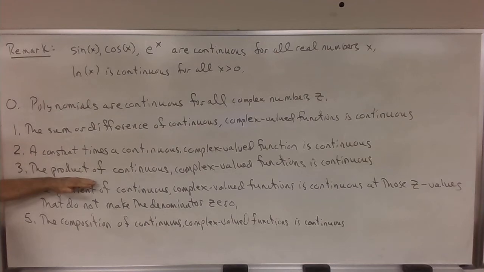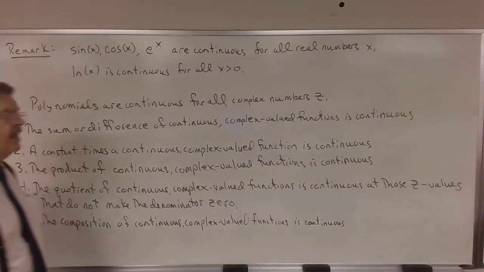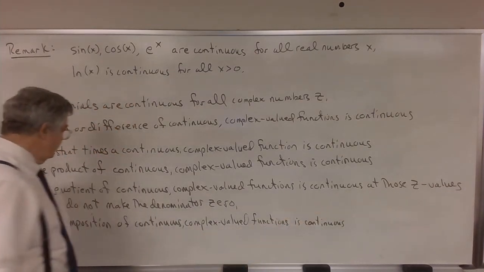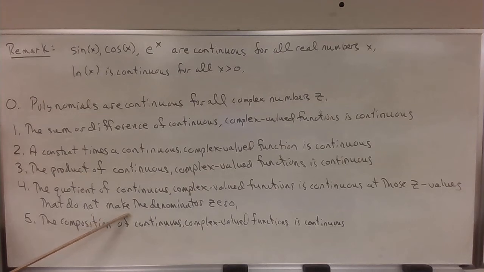The product of continuous complex valued functions is continuous. So you multiply two continuous functions together, you get a continuous function. The quotient of continuous complex valued functions is continuous. Disclaimer, at those z values that do not make the denominator 0.